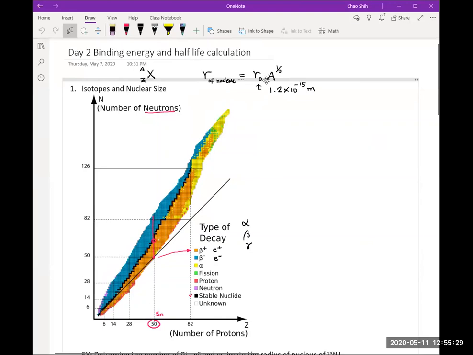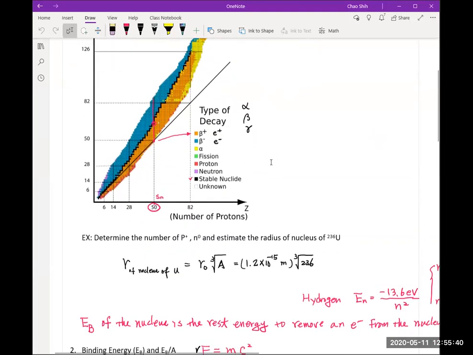The A over here represents the atomic mass, and you take the cube root of that to get the estimation. The R0 is a constant between 1 and 1.4, but normally we just use 1.2 times 10 to the negative 15, and you can estimate that value.